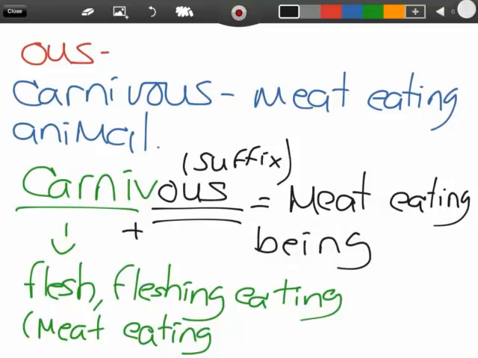Moving on to our next suffix is y. And y can be characterized in many different meanings. I'm going to go ahead and give you the meaning.